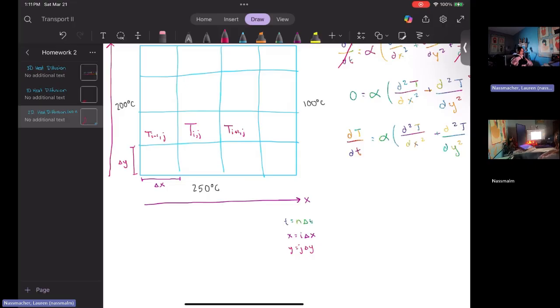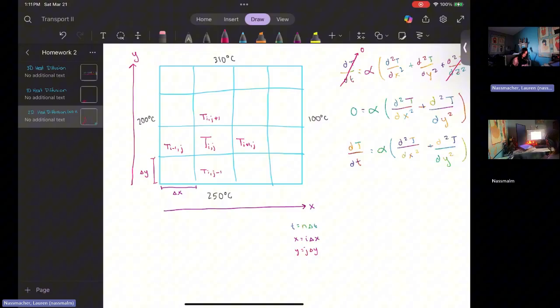But if you were to go up 1, you would increase your j because you're increasing in your y direction, and going down 1 would decrease your j. But once again, you're not changing in your x direction, so your x is going to stay the same, which means that your i is going to stay the same. And this concept goes for the entire length of the grid. So over here would be T of i plus 2, and so on for above and below.